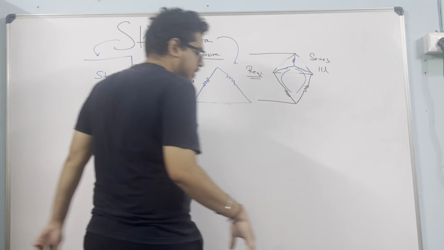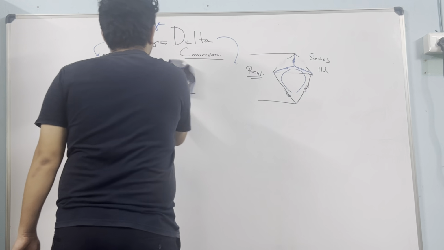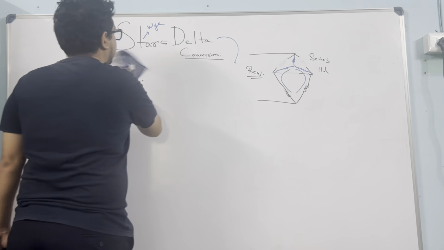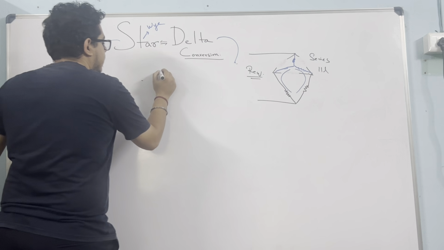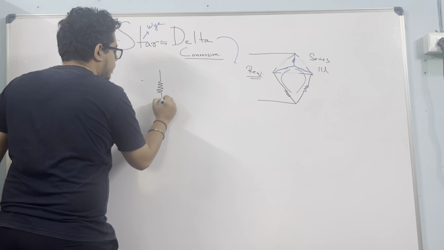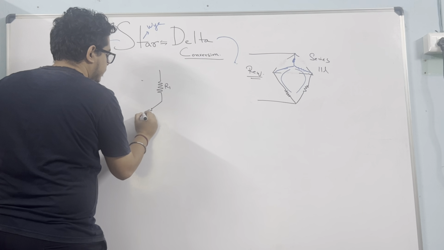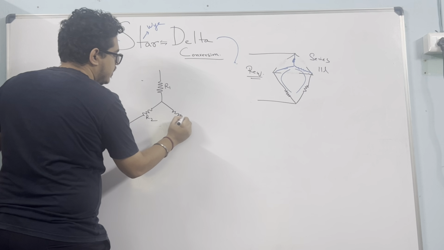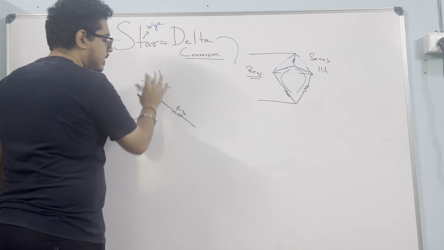So let's look at the formula real quick and a very easy method to convert. Suppose I am converting star into delta. This is a star, let it be R1, this be R2, this be R3. These are known to me because I have this circuit.